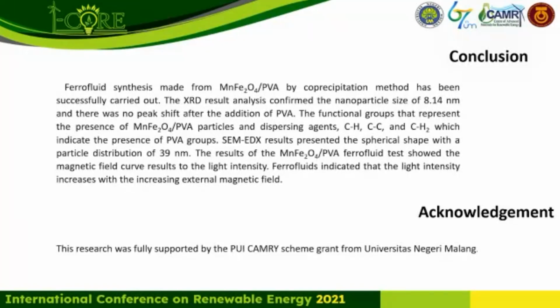The SEM result shows a spherical shape with a particle distribution of 39 nanometers. The result of the manganese ferrite PVA perovskite testing showed the magnetic field's effect on the light intensity. The light intensity increases with the increased external magnetic field.